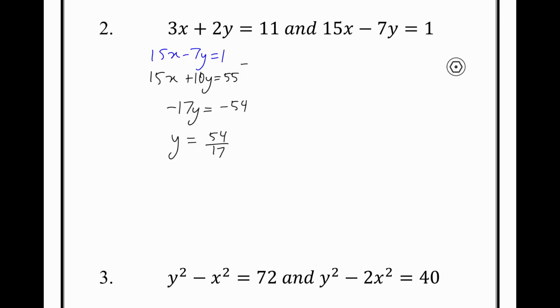The first equation times 7 will give us 21x plus 14y is equal to 77, while the second equation times 2 will give us 30x minus 14y is equal to 2.